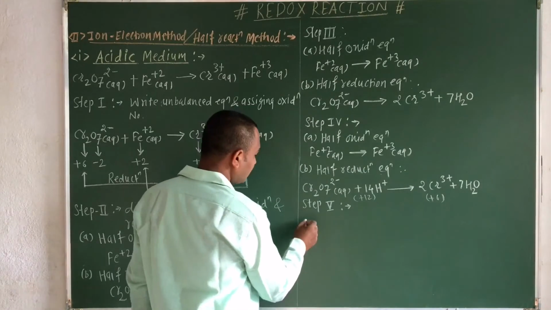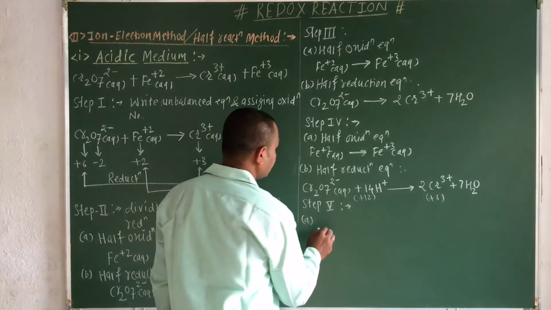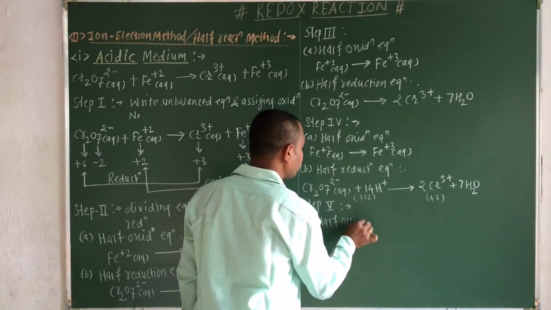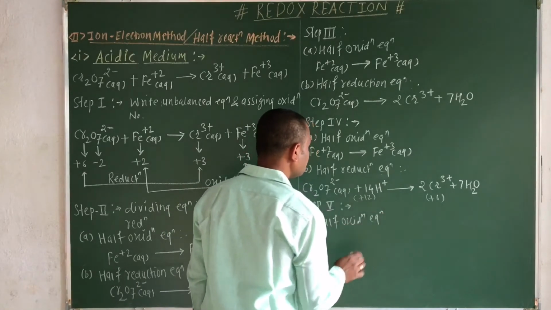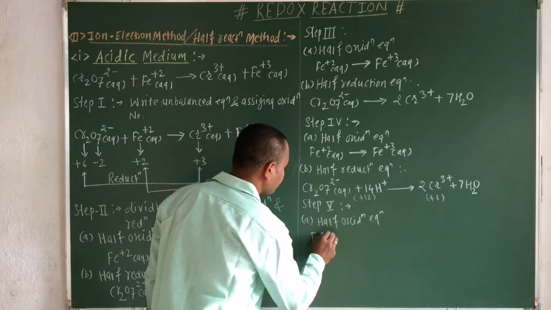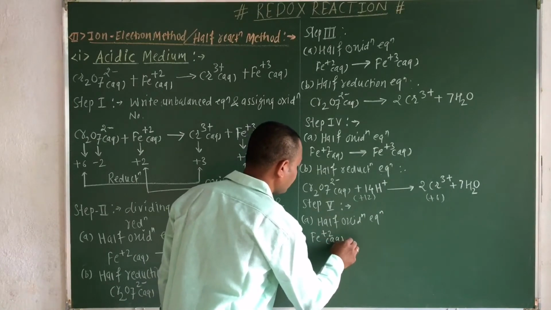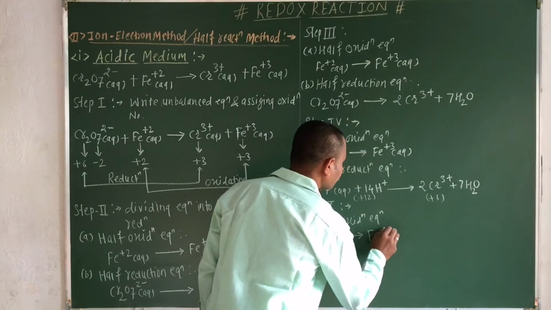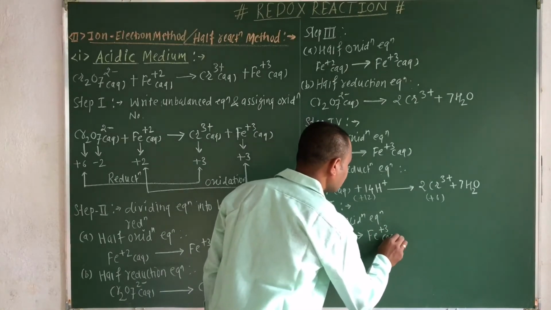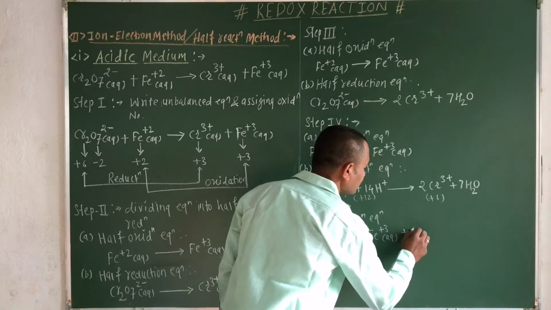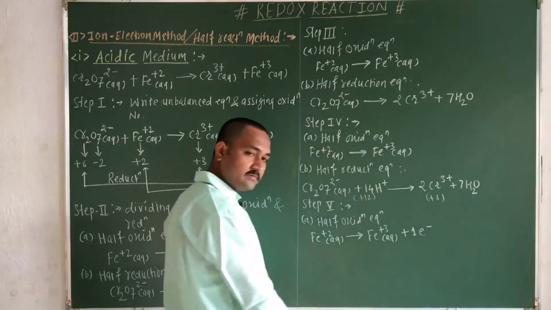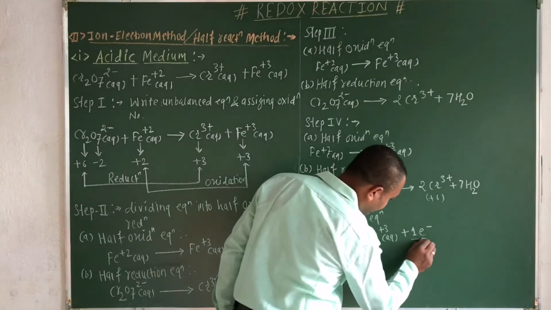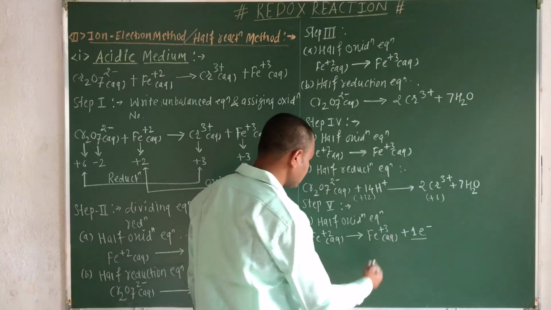Again we will modify the half oxidation equation: Fe2+ aqueous gives Fe3+ aqueous, and here I am going to add 1 electron. So that is my oxidation half equation. I have added this 1 electron to the right hand side.